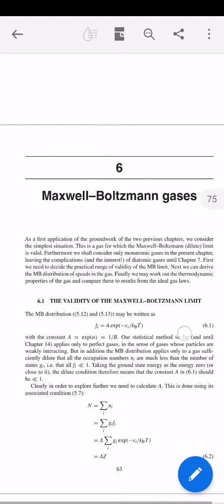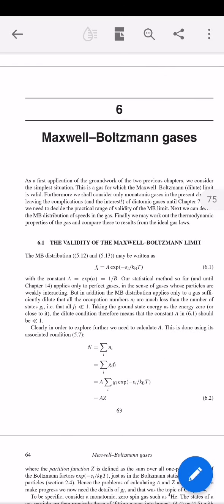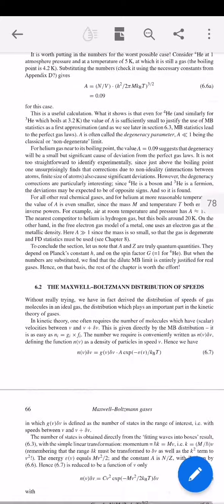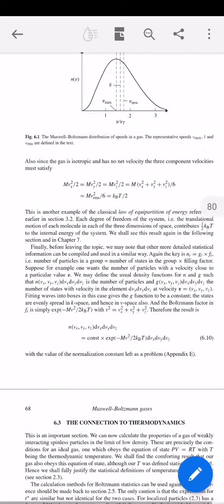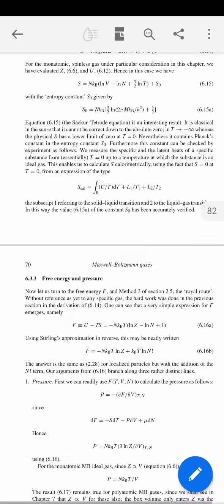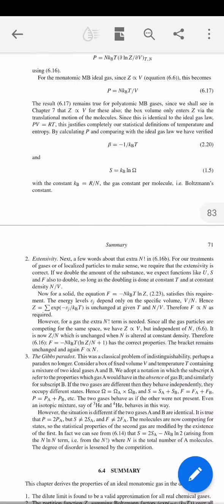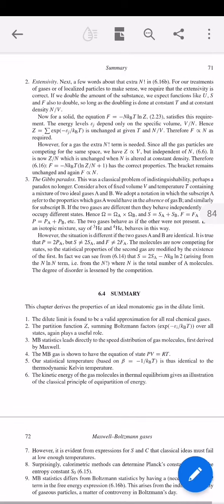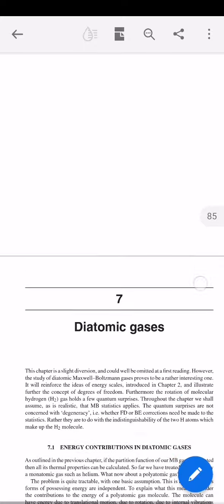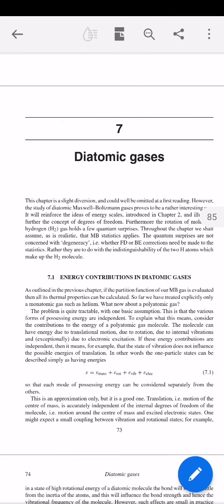For chapter number 5, and then we move on to Maxwell-Boltzmann, which is sort of a step back, because it was all Fermi-Dirac up until now, and now they've gone back to linearity, understanding the linear relationship. Extensivity, Gibbs paradox, Gibbs free energy, that is, diatomic gases.